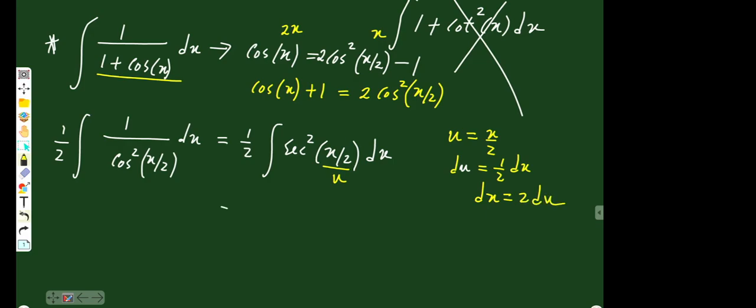So this would be half integration of sec squared u, with dx equal to 2 du.